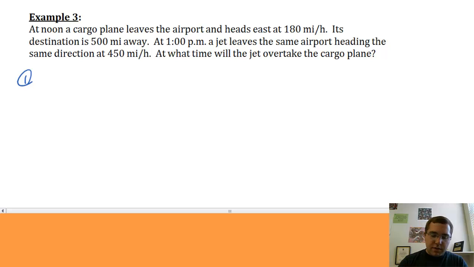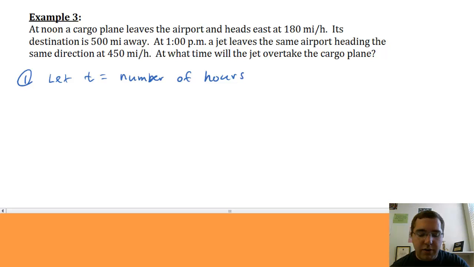We're interested in time. Often in problems involving time, we'll use t as our variable. So that's what we'll do here. Let t equal the number of hours. When you're defining your variable, you should always indicate your units. The number of hours after the time the cargo plane leaves, or in this case, we know that time is noon.